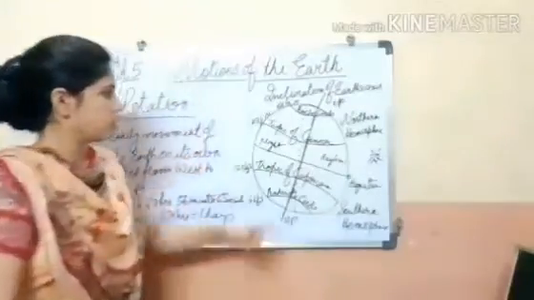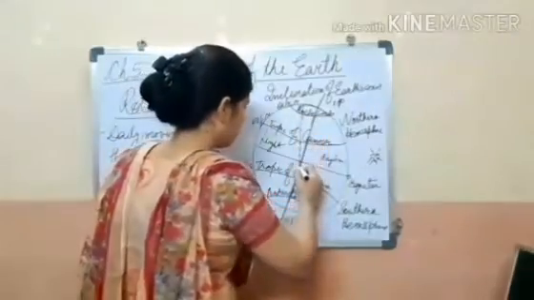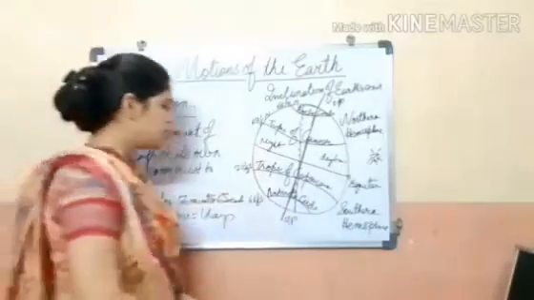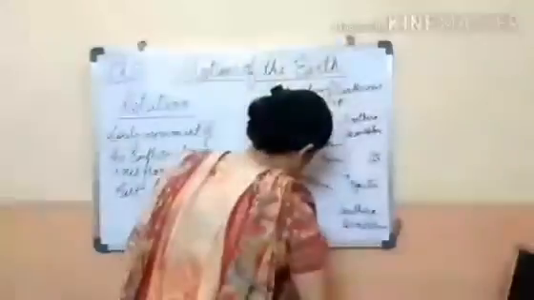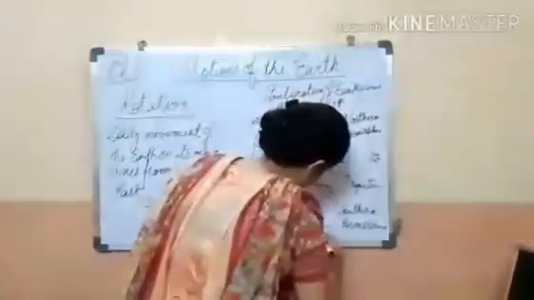So what is that called? This is called the circle of illumination, that divides the lighted part of the earth from the darker part of the earth.